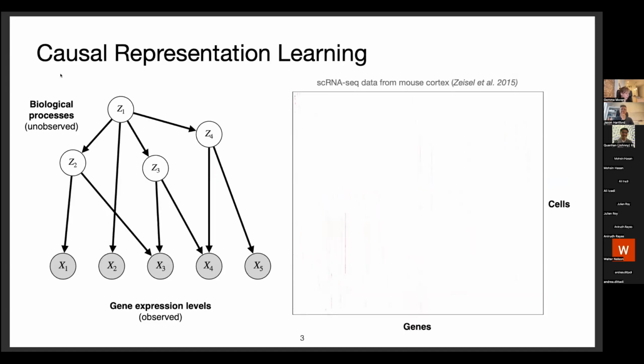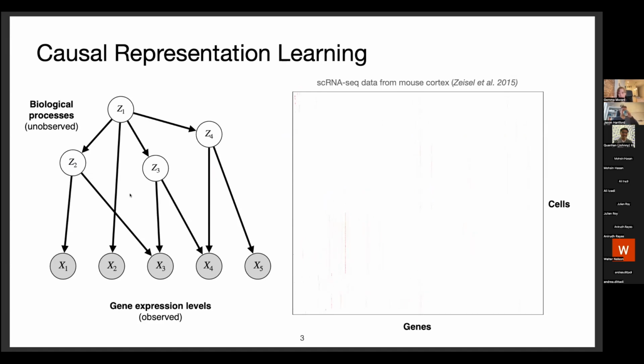So in the framing of causal representation learning, we have this high dimensional observed data, these gene expression levels, for example, these X's here. And we want to infer something about these latent processes which describe how this data is generated or what drives the coordinated expression among these particular data points.